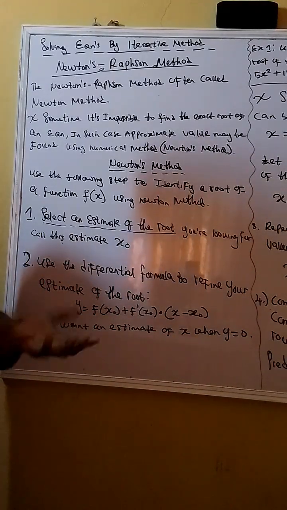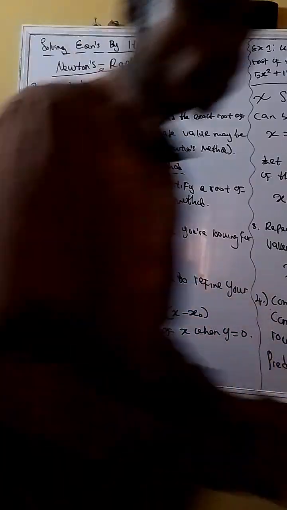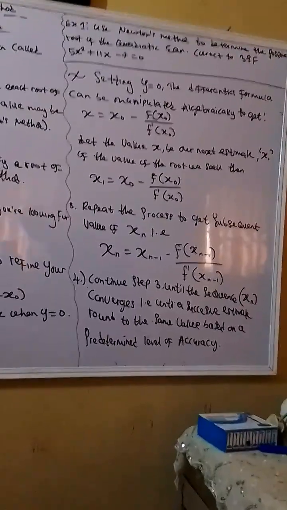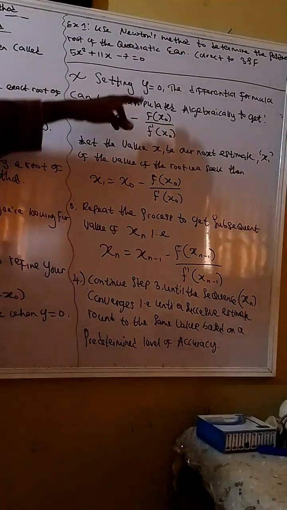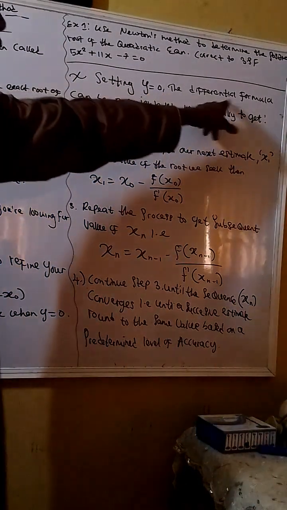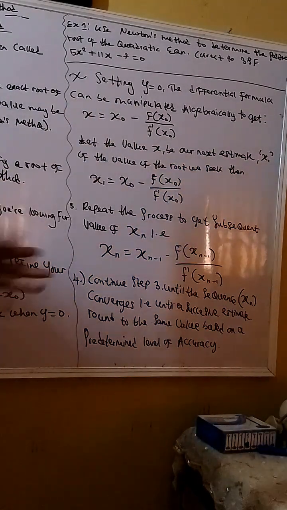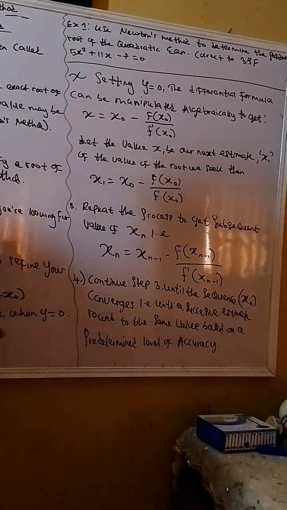So what do we now do and how do we carry it out? From this point, when we set y equals 0, the formula can be manipulated algebraically, which I'm still going to explain with the graph, but we mainly need the formula.